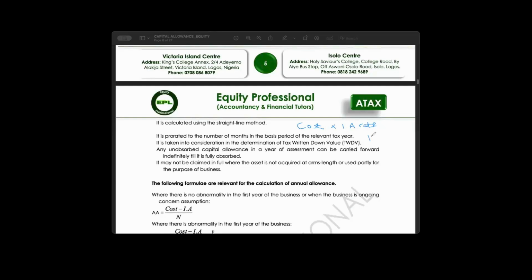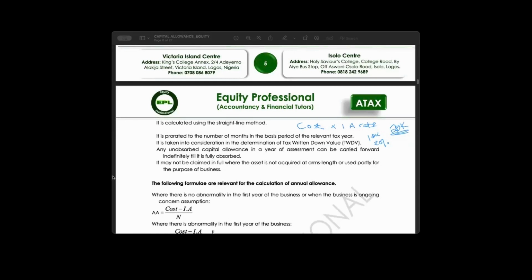So if the cost of the asset is 100K and the rate of initial allowance is 20%, I'll just say 20% of 100K, I have 20K. And just like I told you, you do not prorate initial allowance. It is going to be granted in full, unlike the other one that is prorated. This is not prorated.